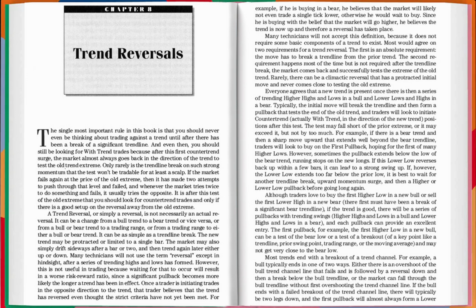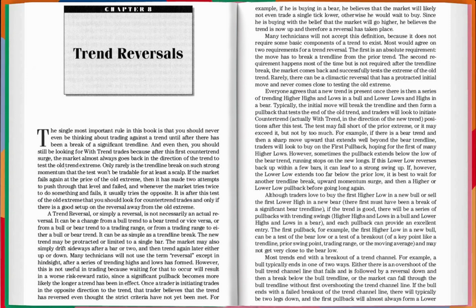A trend reversal, or simply a reversal, is not necessarily an actual reversal. It can be a change from a bull trend to a bear trend or vice versa, or from a bull or bear trend to a trading range, or from a trading range to either a bull or bear trend. It can be as simple as a trendline break. The new trend may be protracted or limited to a single bar.